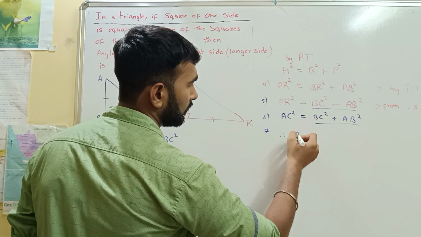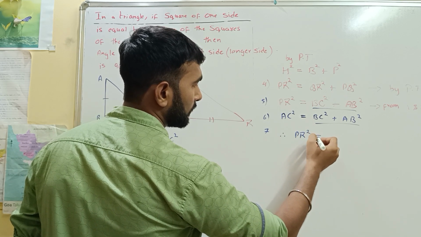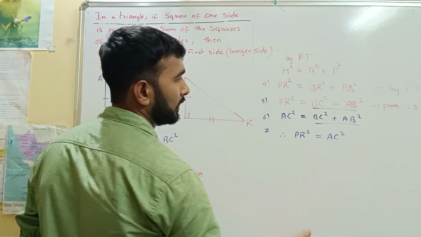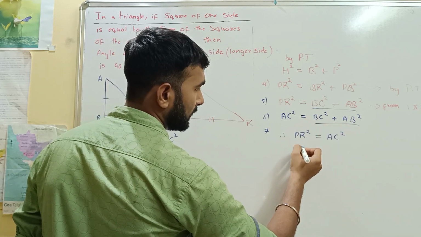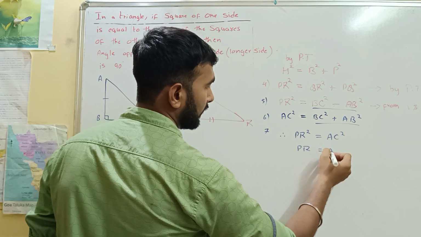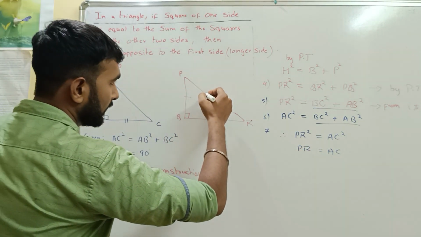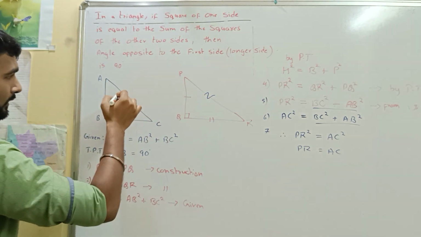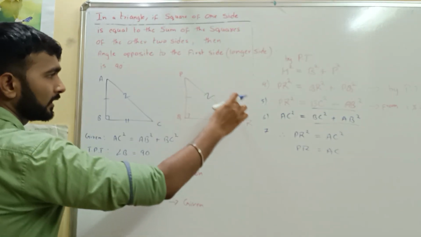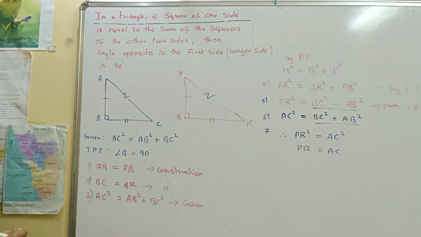Step number 7. Therefore, PR square is also equal to AC square. If you remove the square, you will get simply PR equals AC. Now we have proved that PR, that is this side of my triangle, is equal to AC. So if this is 5 centimeters, this will also be 5 centimeters.